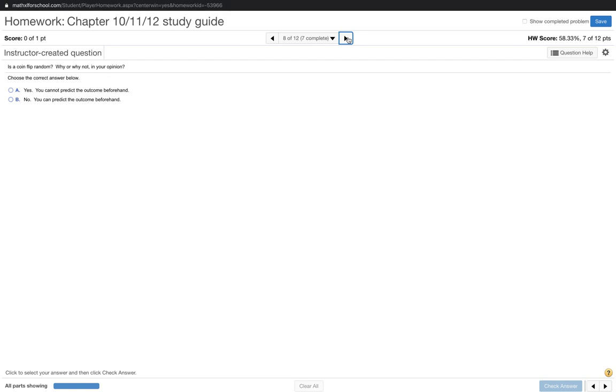All right. Is a coin flip random? Why or why not, in your opinion? So let's think about this here. Is it possible to predict the results of a coin flip? Yes, of course it is. That's why they do coin flips before every single football game.